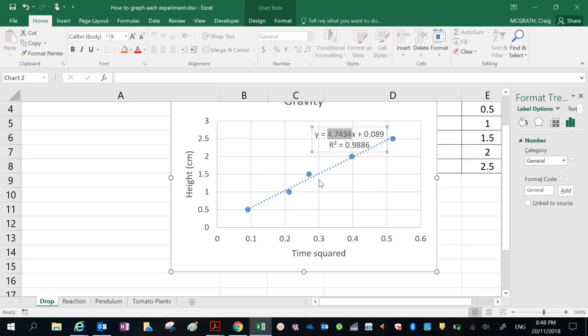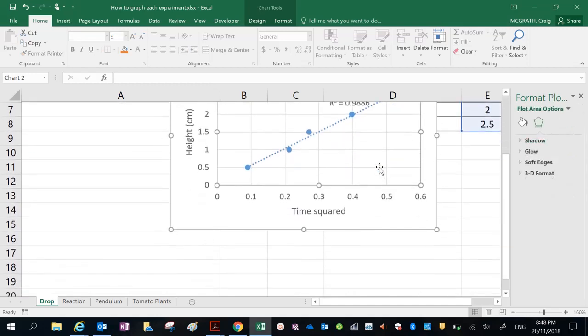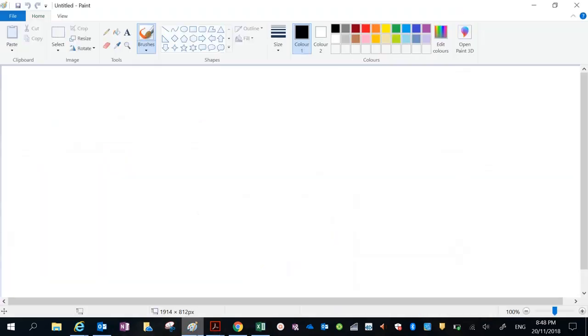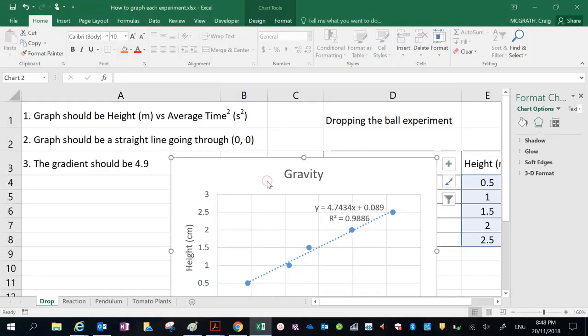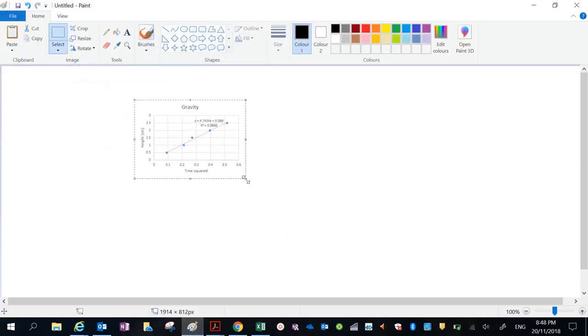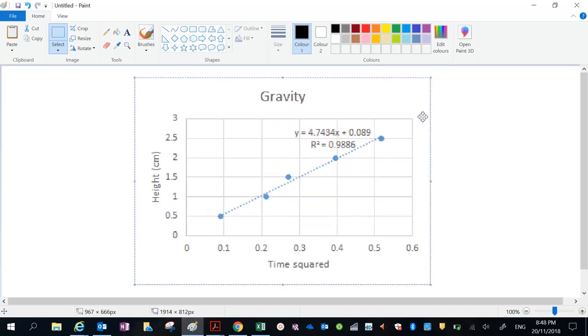So when we look at the graph, first of all, to make the gradient bigger, I might just show you what I mean by taking it over to a different screen. So let's just say, because that gradient's too small, it was supposed to be 4.9.